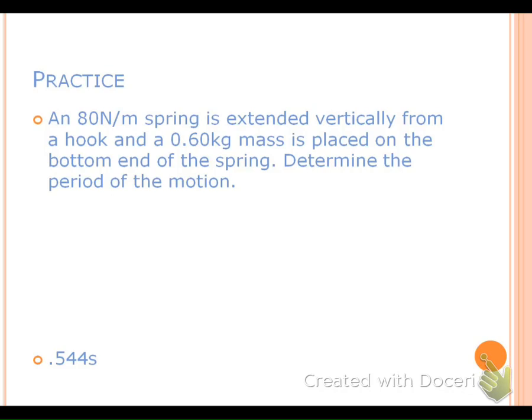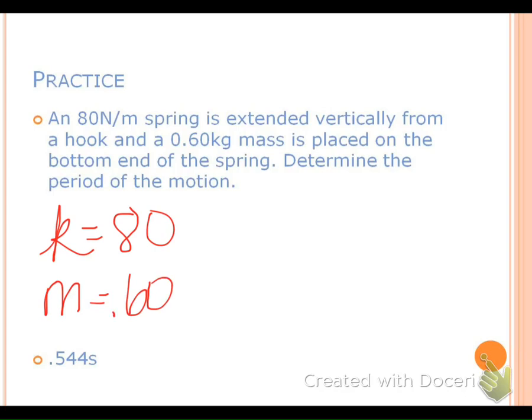This says an 80 Newton per meter spring is extended vertically from a hook and a 0.6 kilogram mass is placed on the end. Determine the period of the motion. We're going to see if we can get our answer to match up here. Spring constant, or K, is 80. Mass is equal to 0.60.